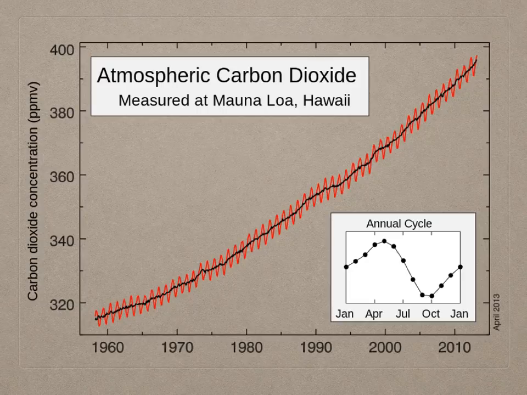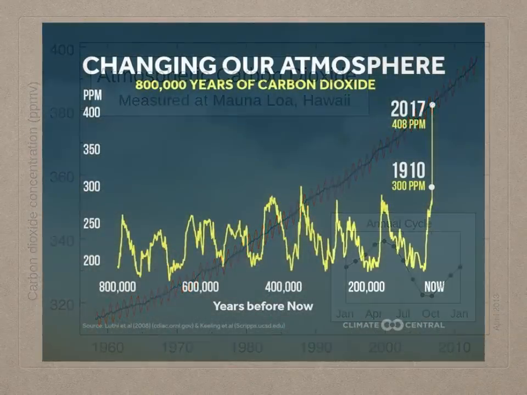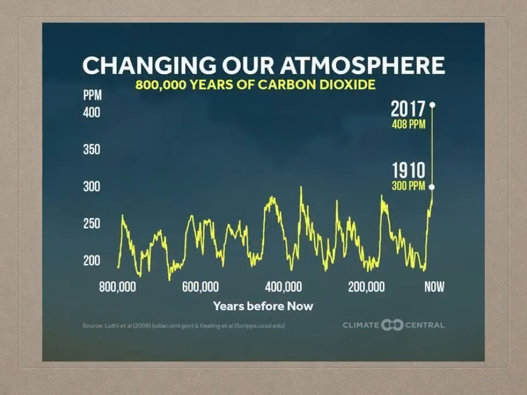We're now over 400 parts per million, as shown in this curve, which not only shows the more recent atmospheric carbon dioxide concentrations, but using ice cores, we can go back over 800,000 years to look at the concentration of CO2 in the atmosphere.